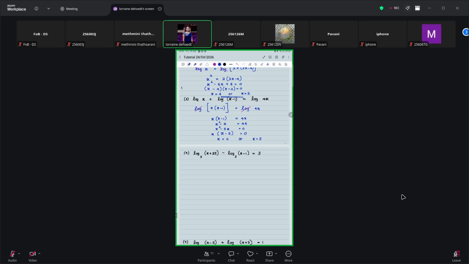Now you can substitute x as 0 in here. No, x equals 0 and 5. That means it is correct.